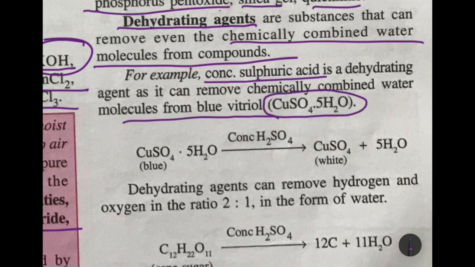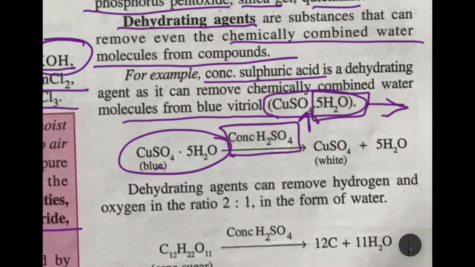Now these 5 molecules of water are chemically combined with copper sulfate, so this water also it can easily remove. So when we bring concentrated sulfuric acid near copper sulfate, it will remove the 5 molecules of water which are attached to it.